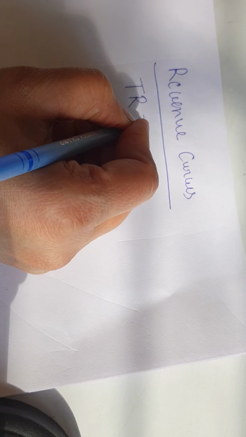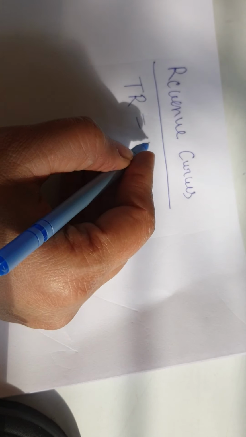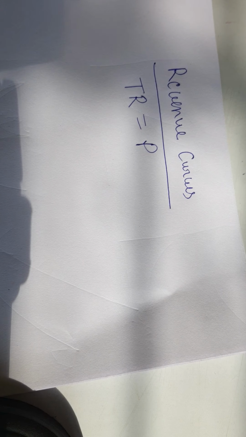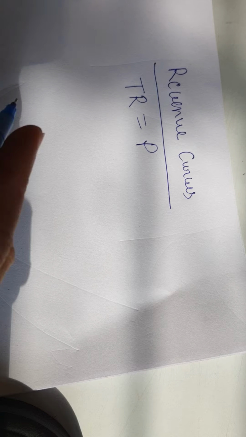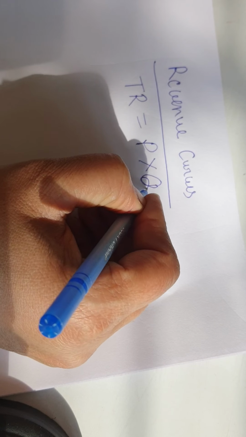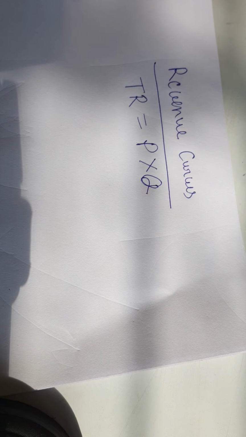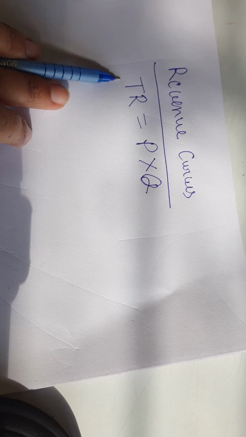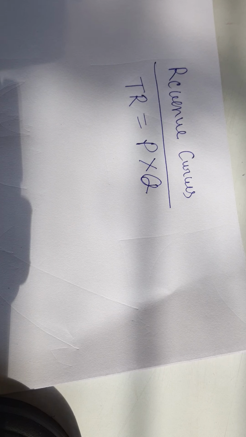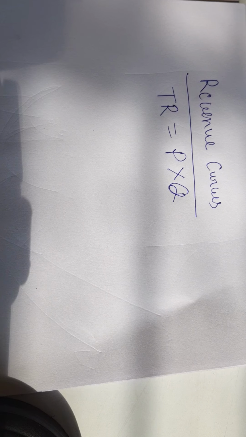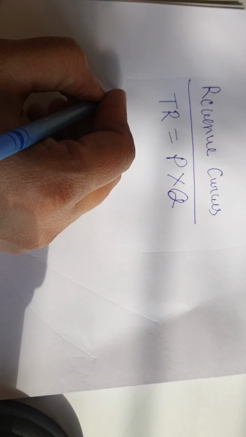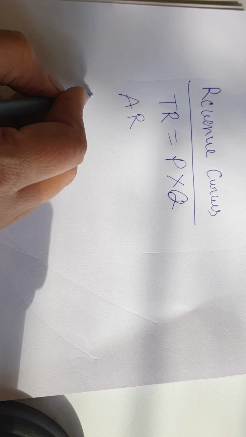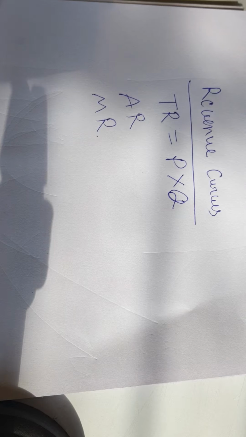Total revenue is the price which the producer is charging multiplied by the quantity the producer is selling in the market. So price multiplied by quantity is your total revenue. There are some other concepts also, like average revenue and marginal revenue.